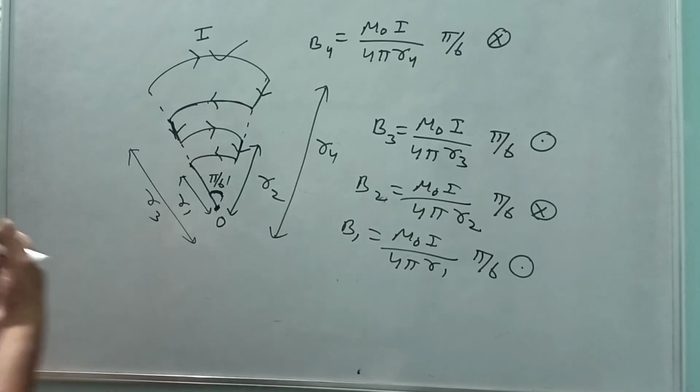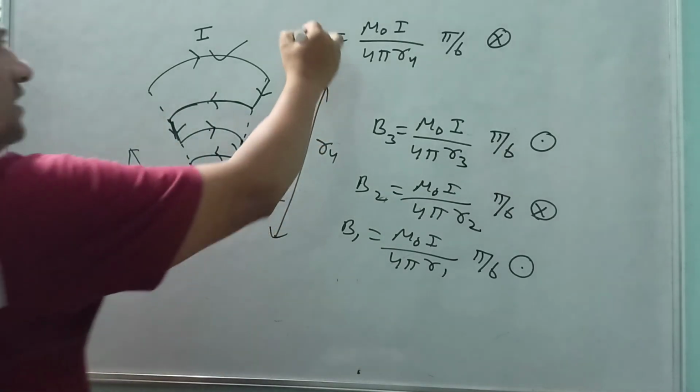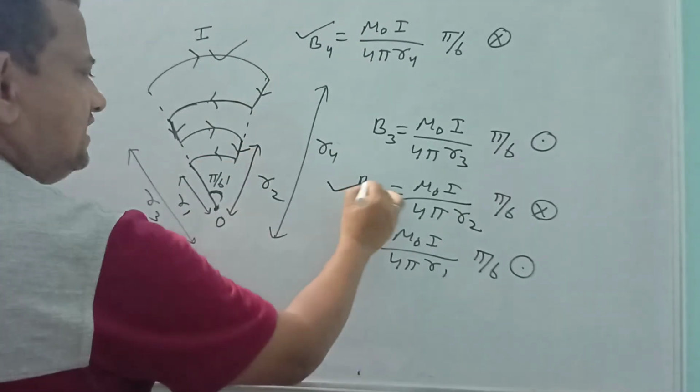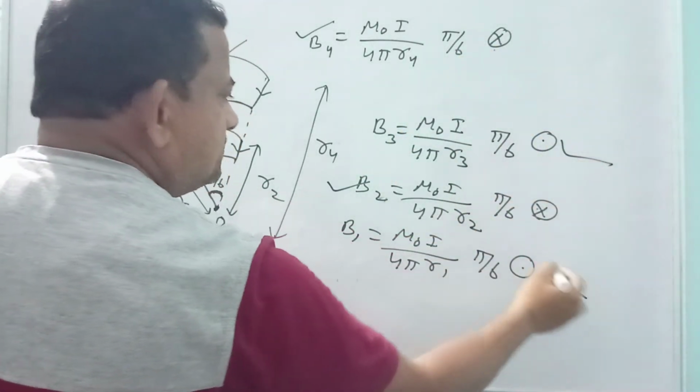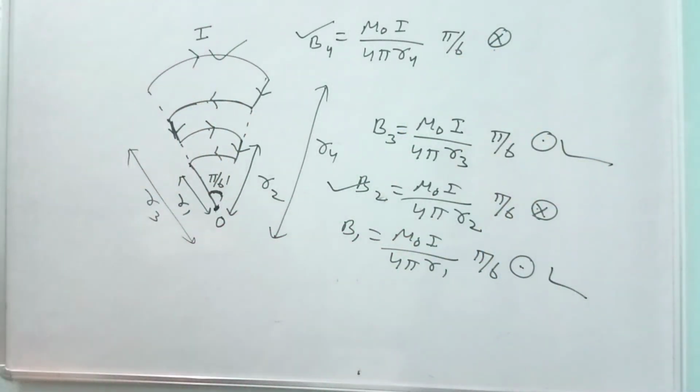So what is the net magnetic field for this? This will be added with this because two are inward, and this will be added with this because two are outward.